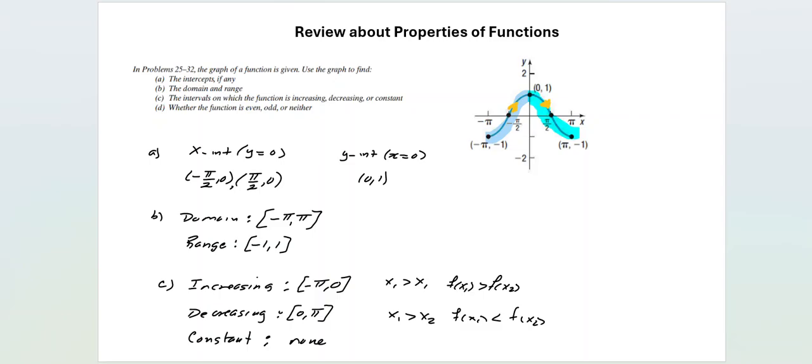Now, they ask whether the function is even, odd, or neither. So remember that we discussed in class that a function is even when it is symmetric with respect to the y-axis. And we know that a function is odd when it's symmetric with respect to the origin.